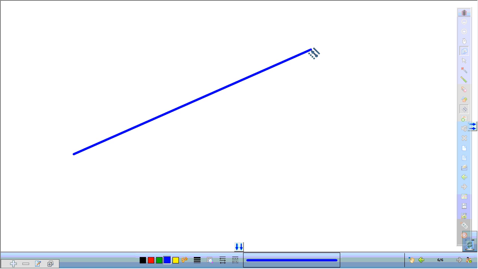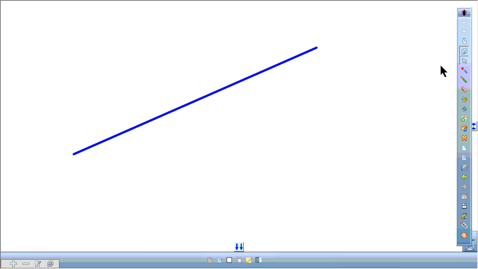Now, if we look at a graph of a line, then no matter where we move along this line, the angle of elevation is always the same.